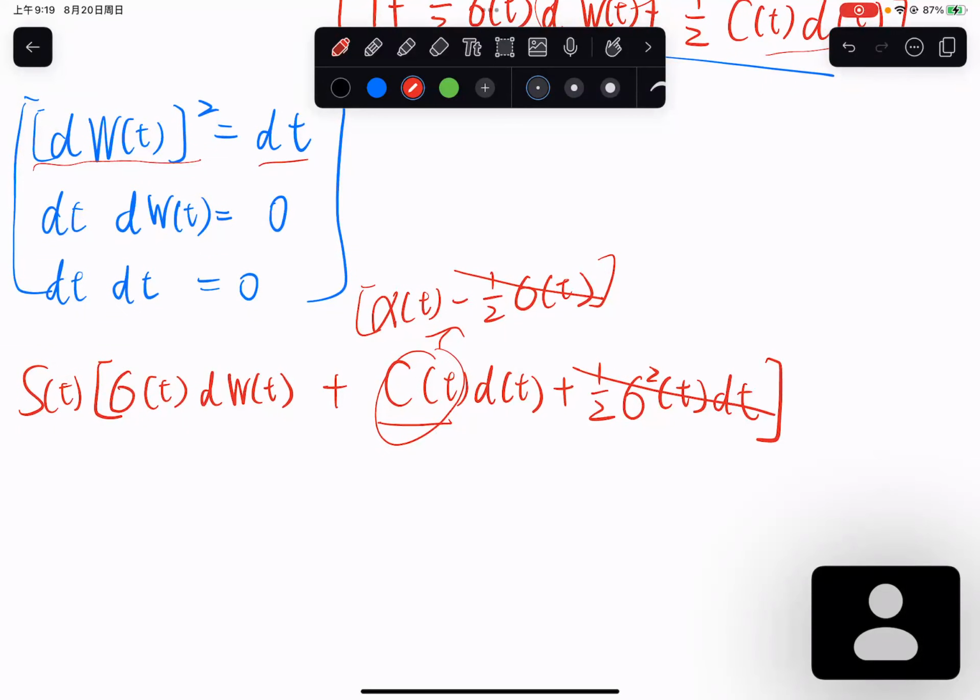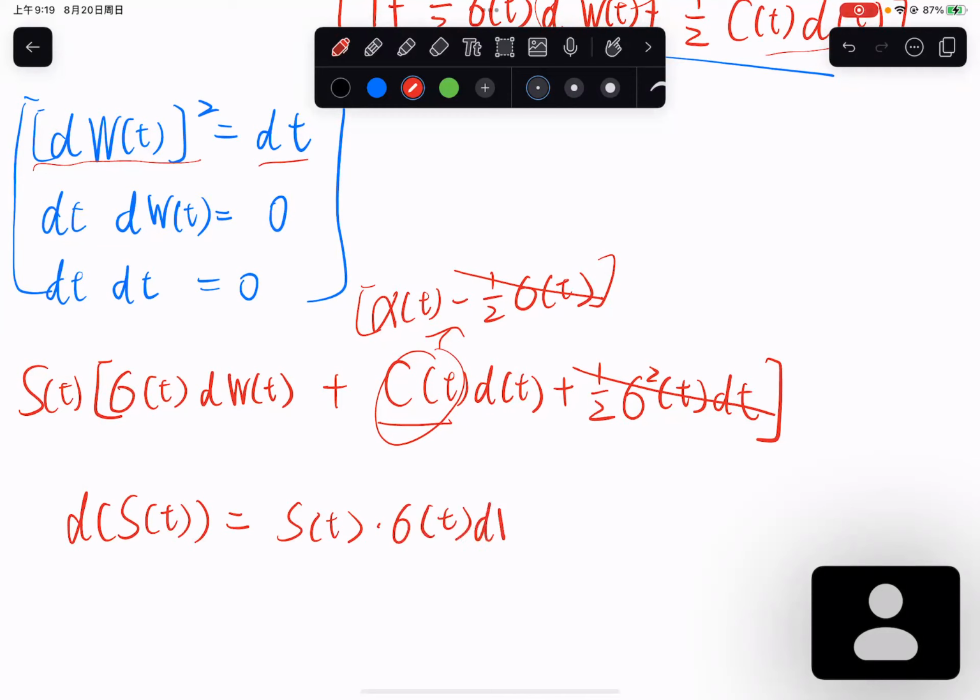Eventually, we have the original statement where dSt is equal to St multiplied by sigma t dWt plus St alpha t dt.